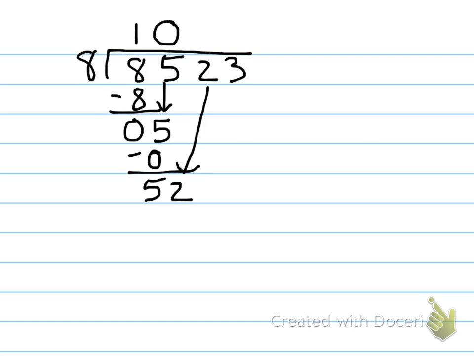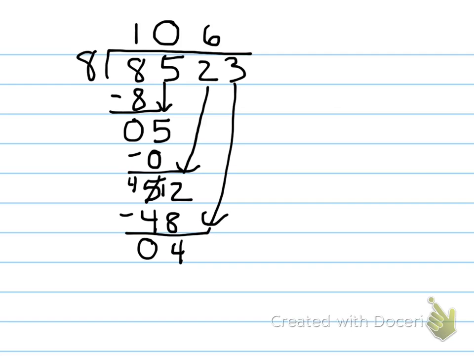Now, 8 divided by 52 would be 6. 6 times 8 is 48. Subtract. 12 minus 8 is 4. 4 minus 4 is 0. Okay. So now, let's bring down our last place value.